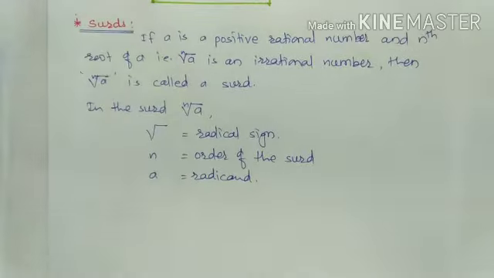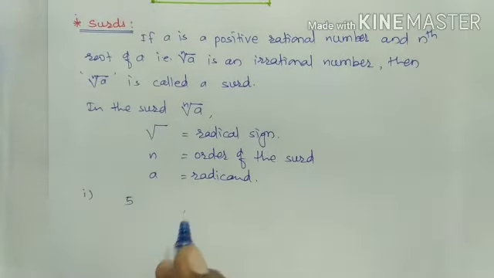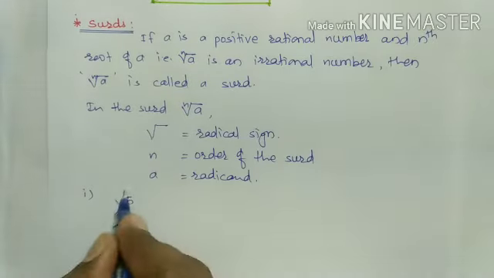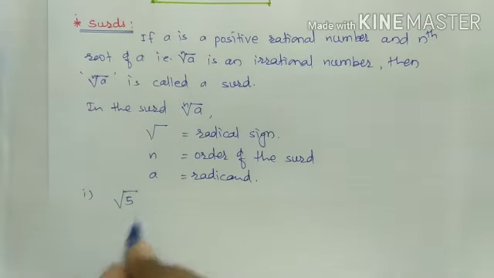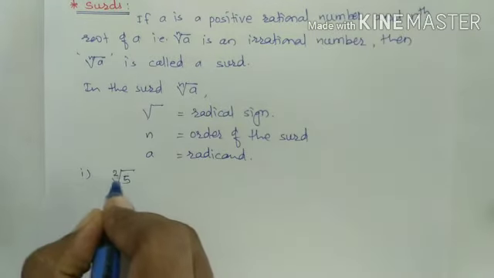See, for example, 5 is a positive rational number, and square root of 5 is not a rational number, it is an irrational number. Therefore root 5 is an example of surd having order 2. Here this is square root, therefore n equals 2.